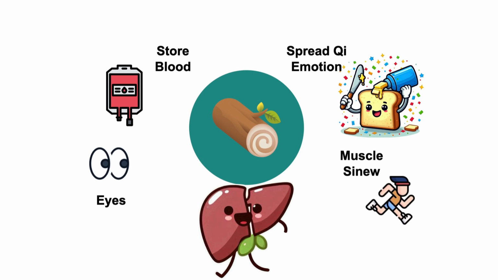The liver in TCM is challenging to align directly with a single system in Western medicine. The liver's primary function in TCM is to regulate the flow of Qi. It is closely related to emotional expression. The liver also stores blood, playing a key role in blood distribution and regulating menstruation. Although the liver shares similarities with the heart, there are some differences.